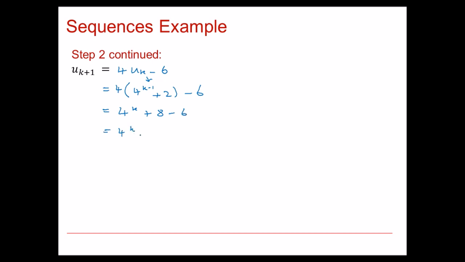So we've got 4 to the k plus 2, which is the thing we were looking for. So we've just shown that uk plus 1 can be written as 4 to the k plus 2, and therefore it's also true for n equals k plus 1.